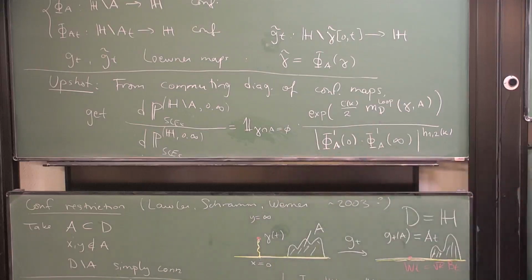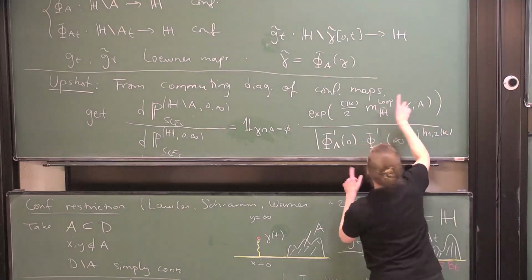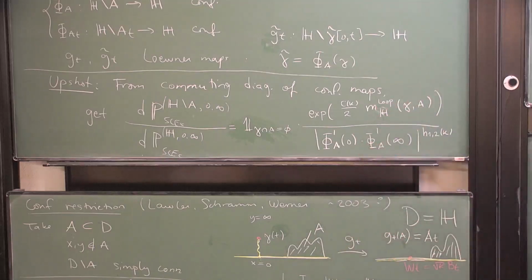So, okay, I will tell it in 2 ways. One is if you know what the Brownian loop measure is. This is somehow, let's say, the Brownian loop measure. These would be half planes, or it doesn't matter because I can send it to other domains. So the Brownian loop measure on the half plane.